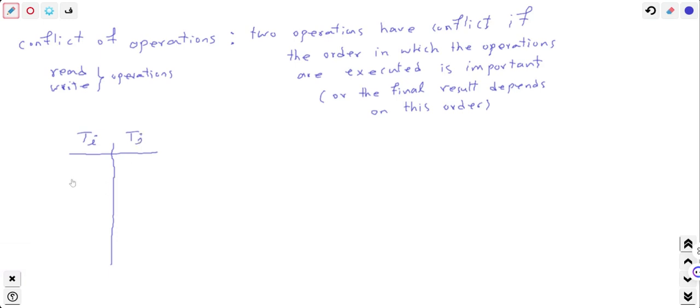Suppose transaction Ti reads a data item, for example, data item Q, or account Q, from the database. Then transaction Tj reads data item Q from the database.